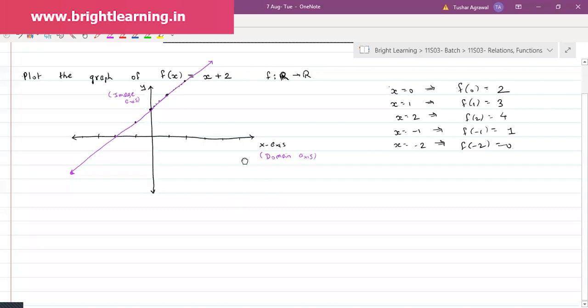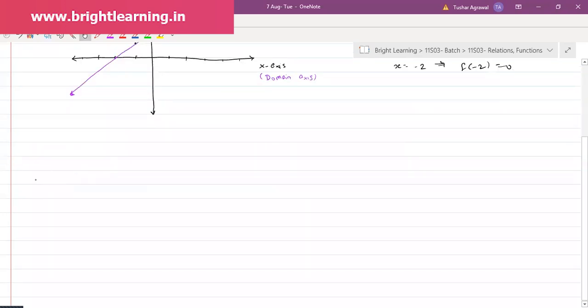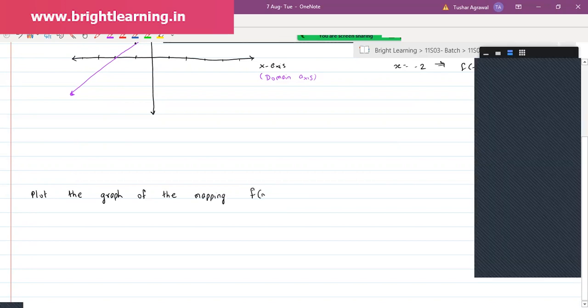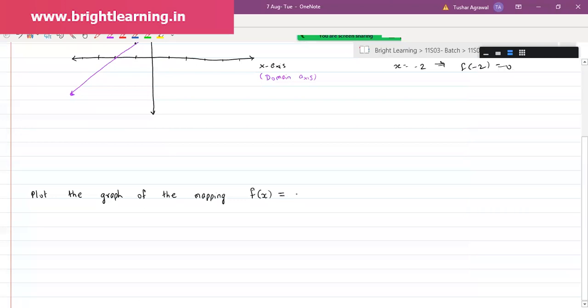If I tell you, let's say, another example, plot the graph of f of x is equal to x square minus 1.